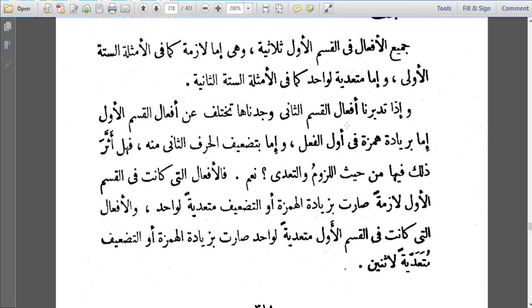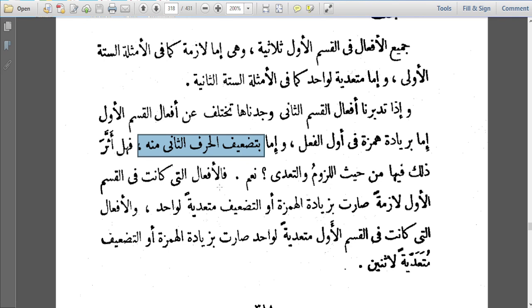It says وإذا تدبرنا أفعال القسم الثاني وجدناها تختلف عن أفعال القسم الأول، إما بزيادة همزة في أول الفعل، either by adding hamza, وإما بتضعيف الحرف الثاني منه, or by doubling the second letter.